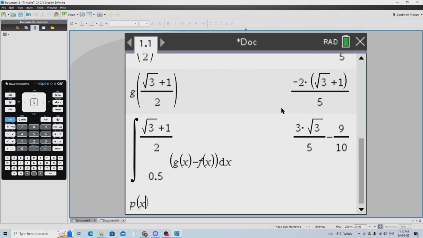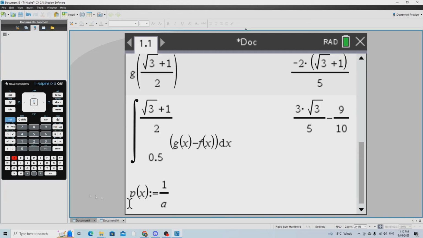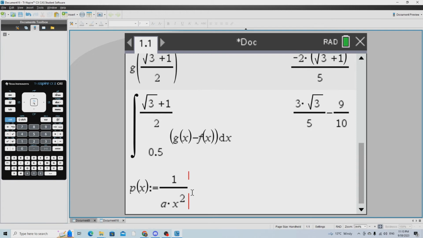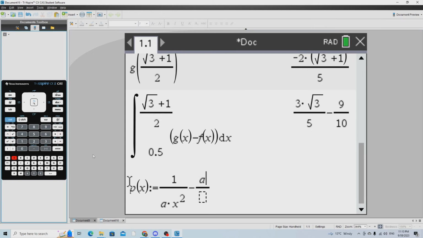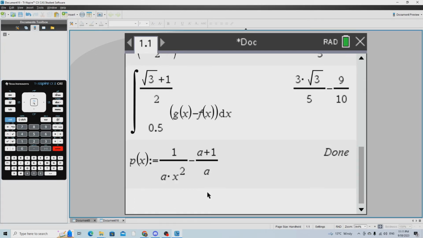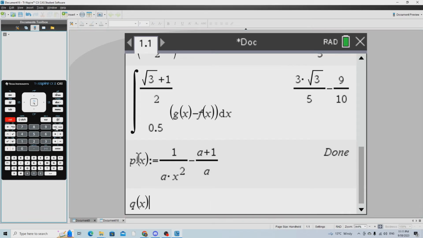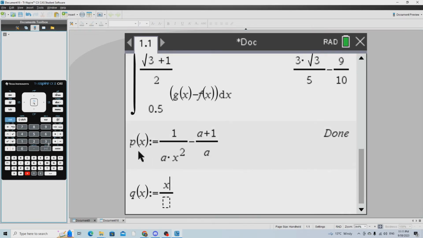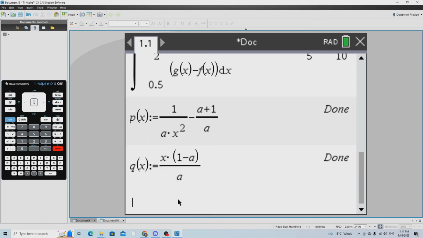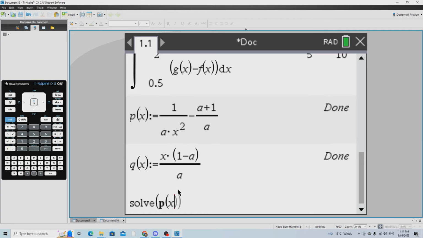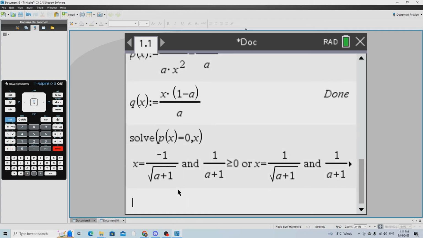P of x is defined as 1 over A times x squared minus A plus 1 over A, and Q of x as x times 1 minus A over A. So the positive x-intercept of P: solve P of x equals 0, x is this.